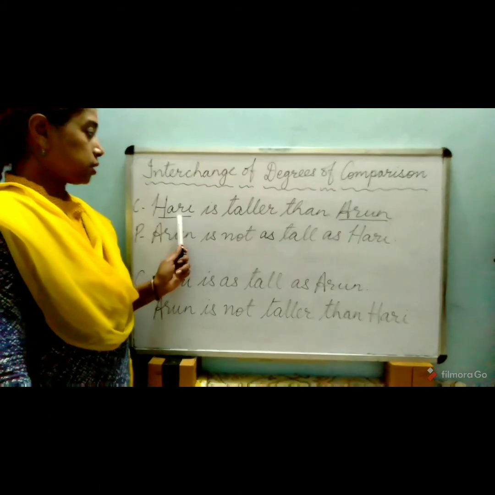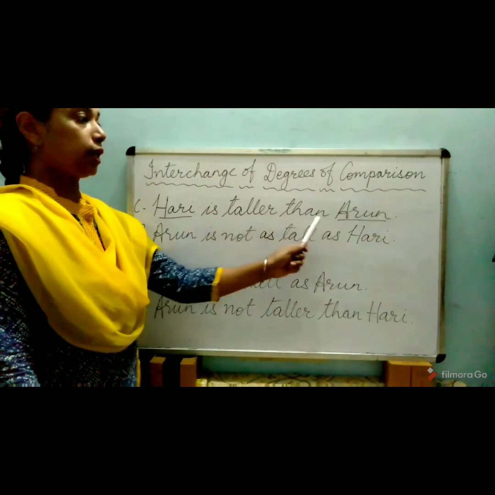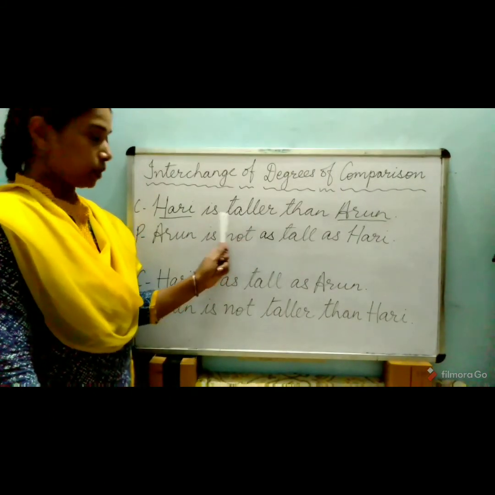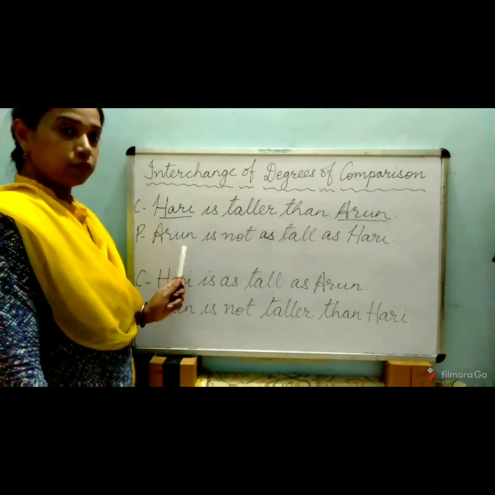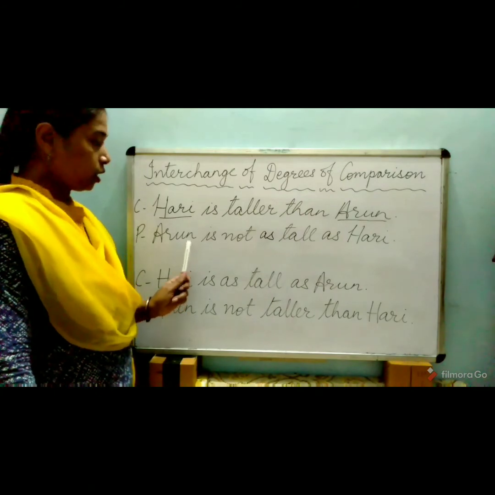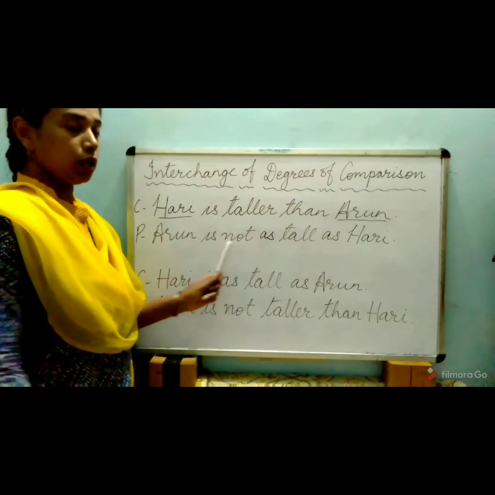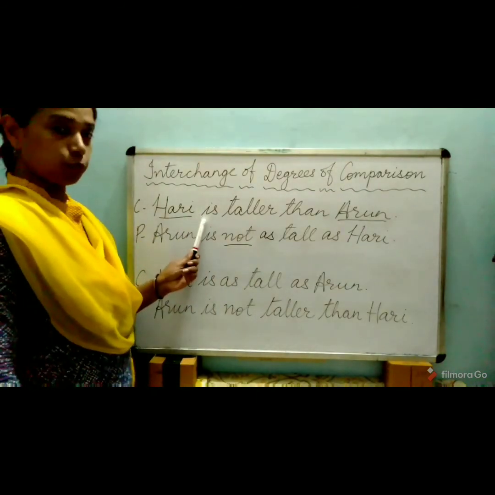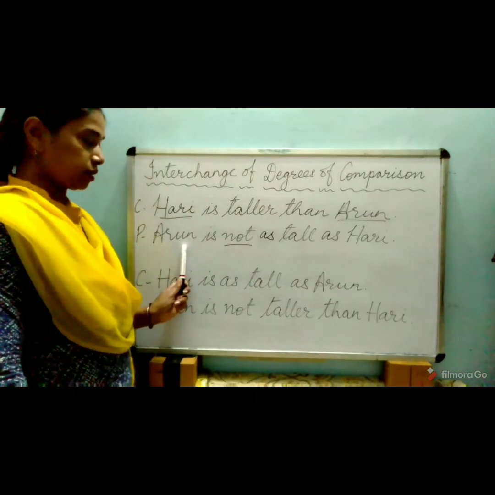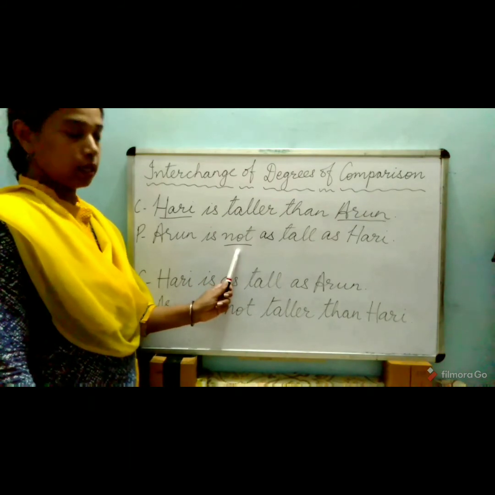Now here the sentence is Hari is taller than Arun. Taller. That means one is more than the other. So when you have to change it into the positive degree, you will change it into a negative sentence. So if your comparative sentence is positive, your positive sentence will be changed into negative.